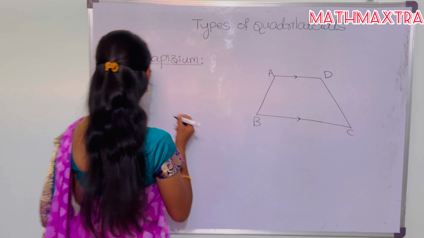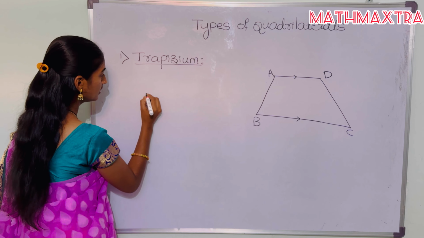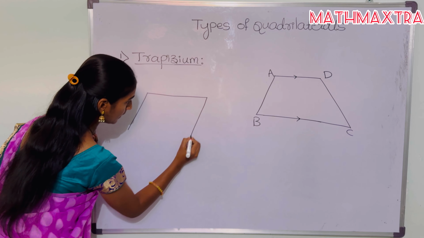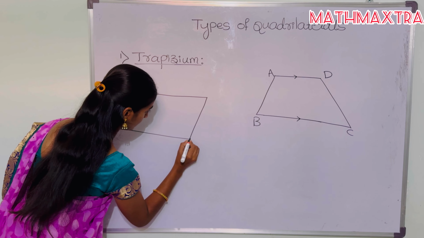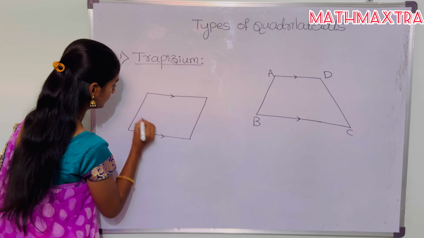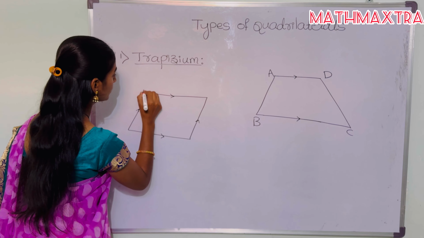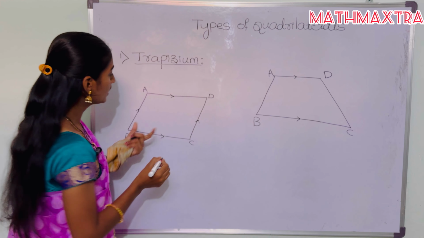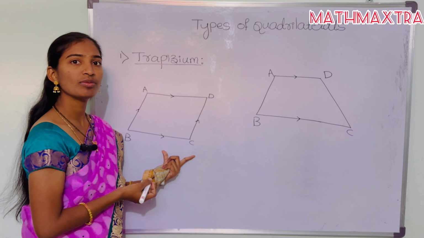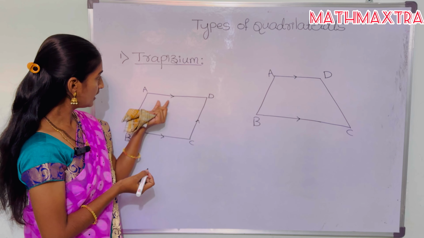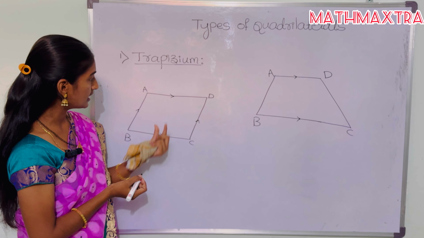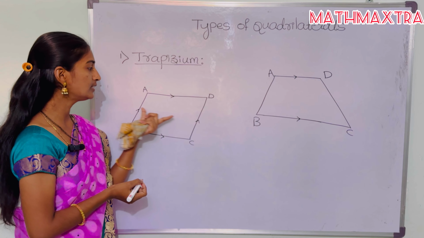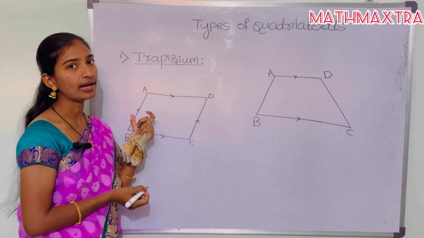Okay, so now tell me whether this figure is a trapezium or not. See, these two are opposite sides. Yes, these are parallel, and these two sides are also opposite and also parallel.